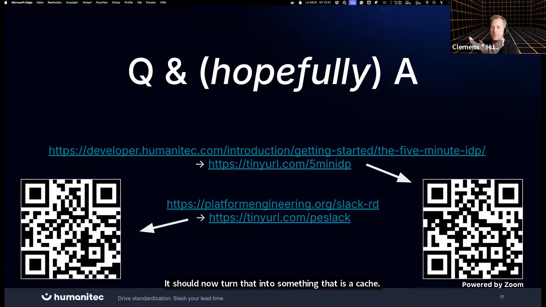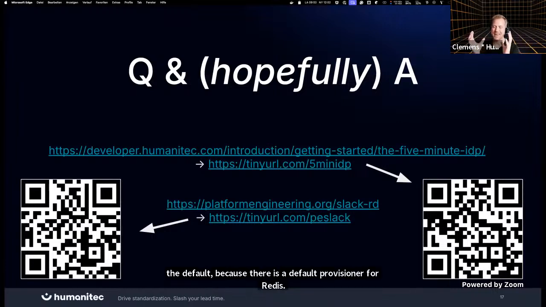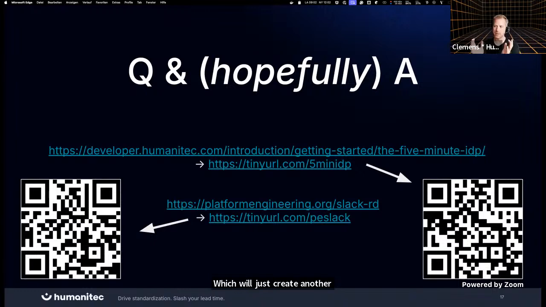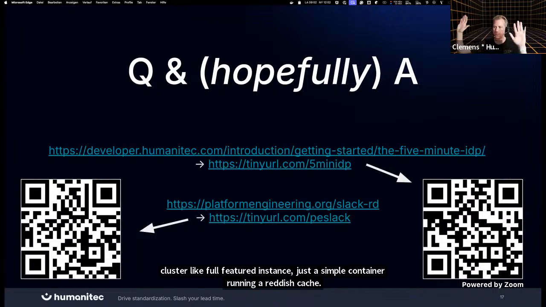Locally, it will actually be a Redis as well in the default, because there is a default provisioner for Redis, which will just create another container inside of your Docker Compose file that will run a Redis cache. For sure, not a Redis Enterprise cluster like a full-featured instance, just a simple container running a Redis cache. Yeah, so you would have that difference.